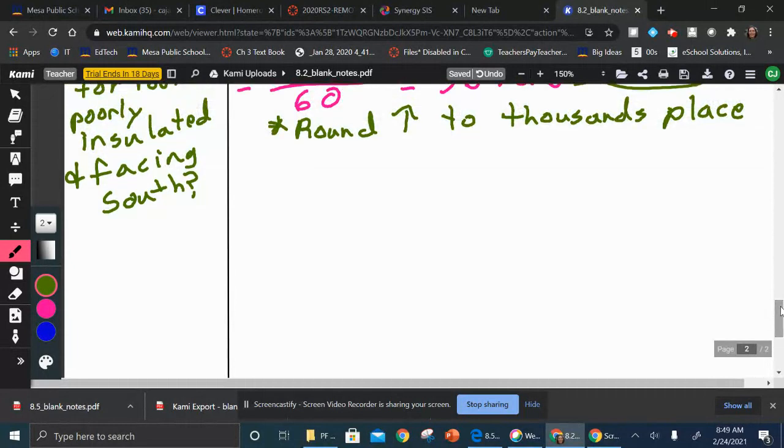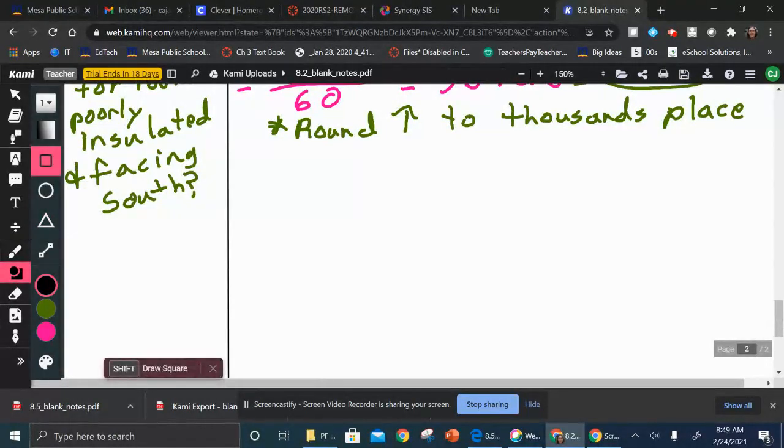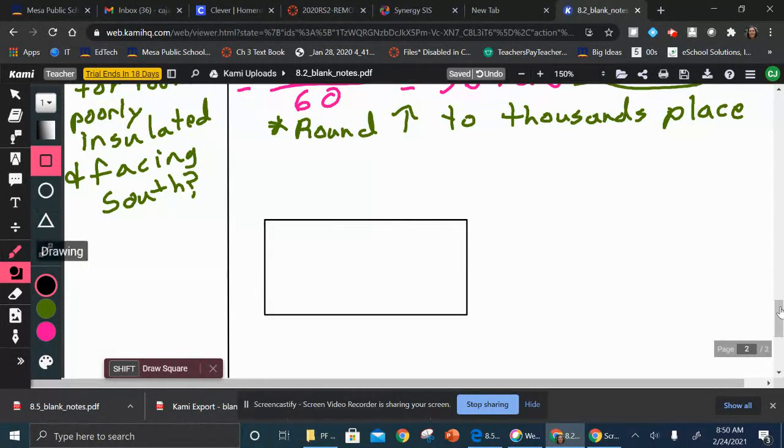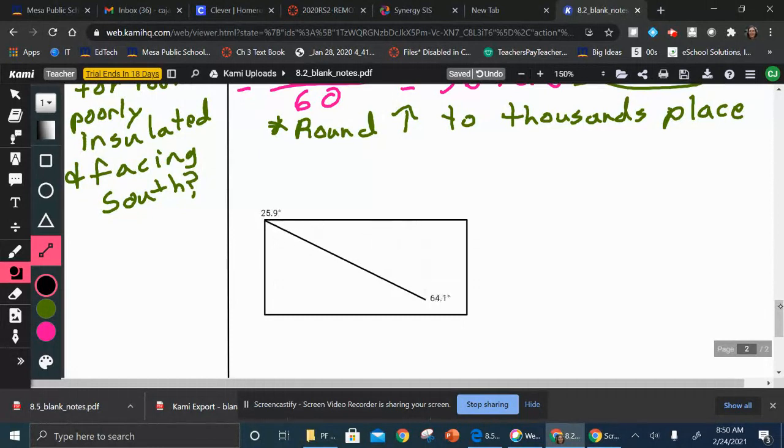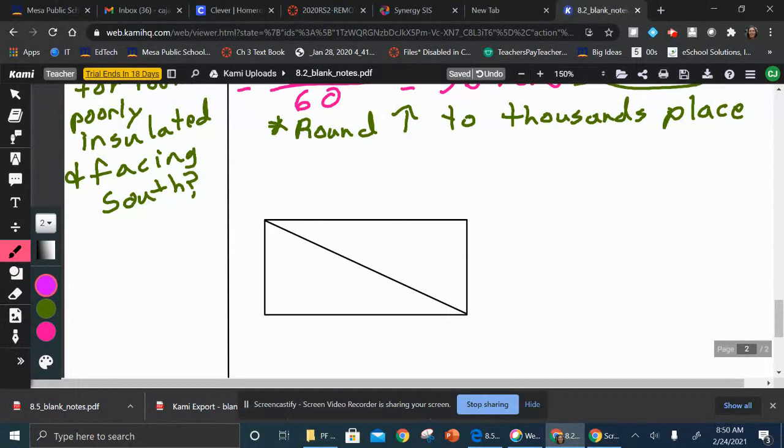Okay, so we can also use, everybody, if we need length, okay, so let's say we want to put in our deck that we're using, and it's going to be 12 by 16.